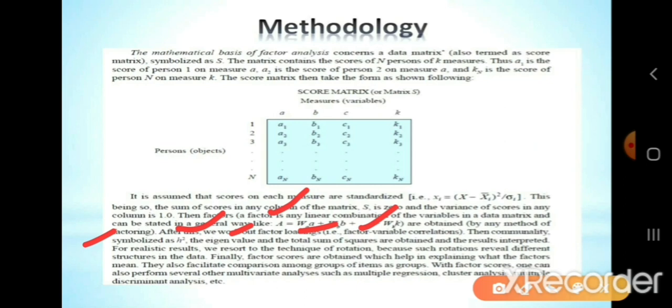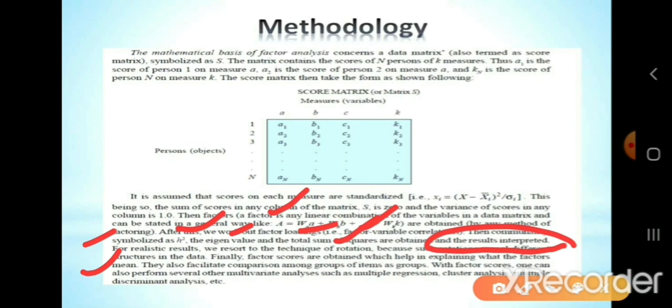To get better results, we will use the technique of factor rotation, because such rotation reveals a different structure of the data. Finally, the factor scores will be obtained, which will help to examine the more meaningful variables or factors.